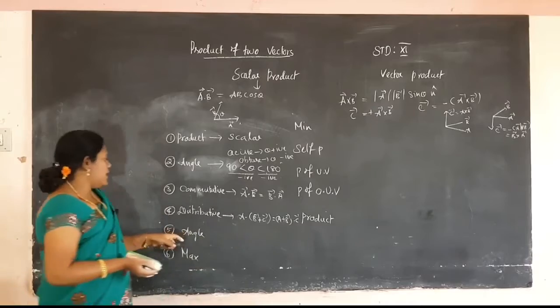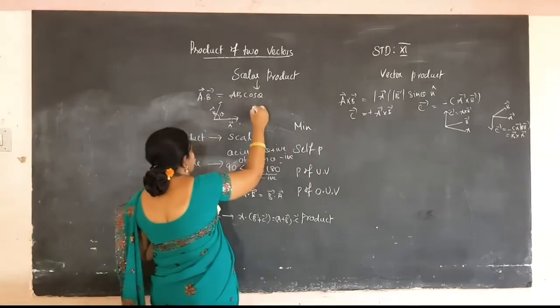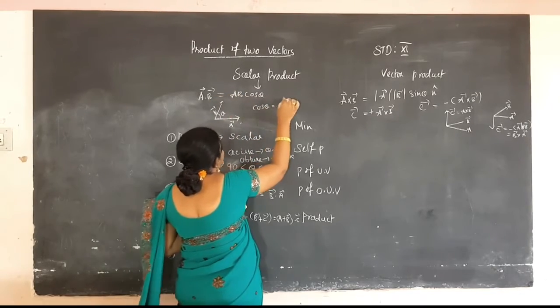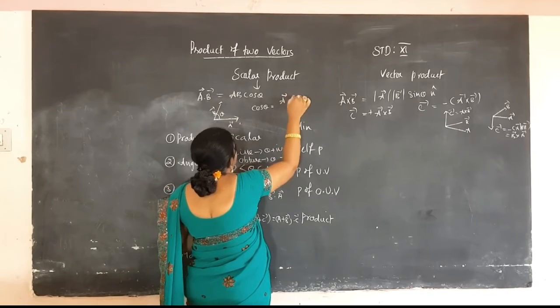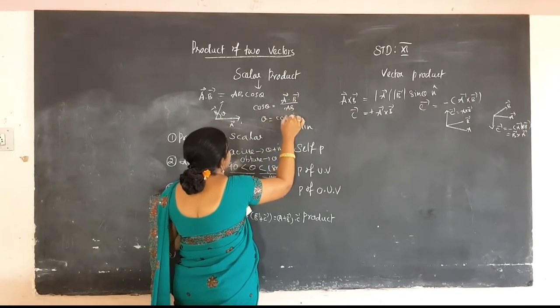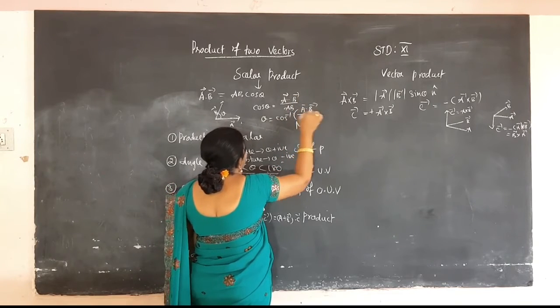Then the angle. How will you calculate the angle value? This is the formula: cos theta is equal to A vector dot B vector by AB. Then theta is equal to cos inverse of A vector dot B vector by AB.